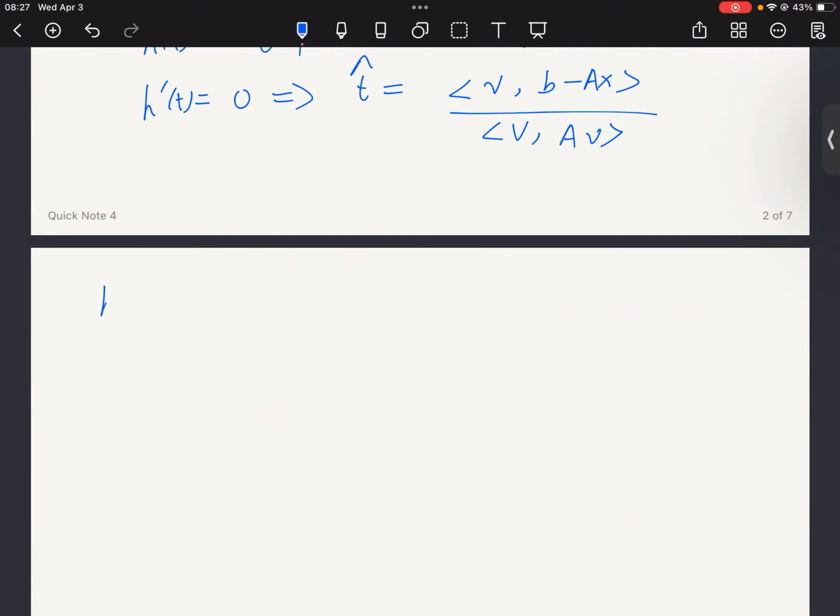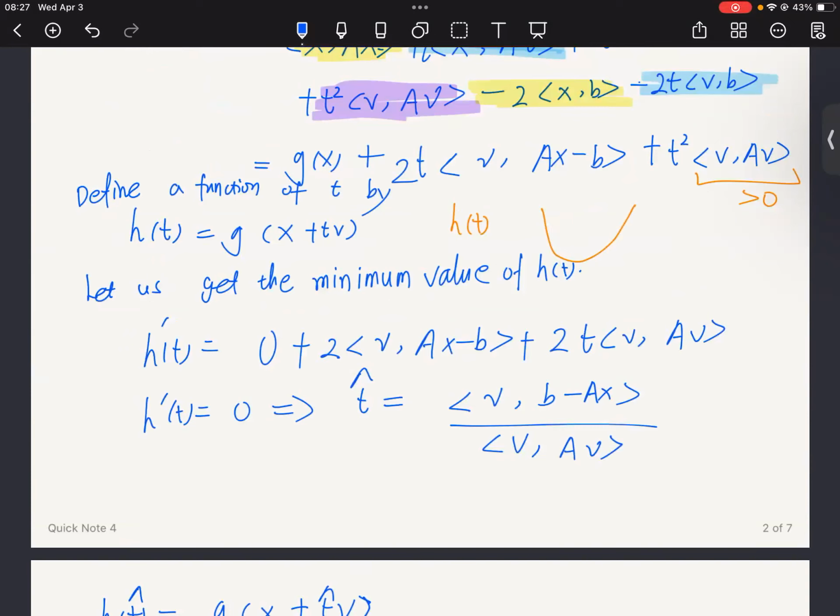This is the definition of our h(t) function.